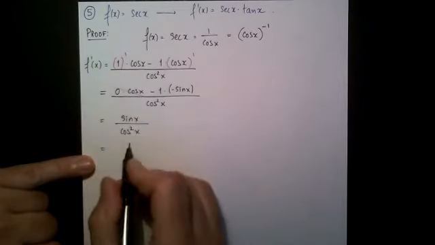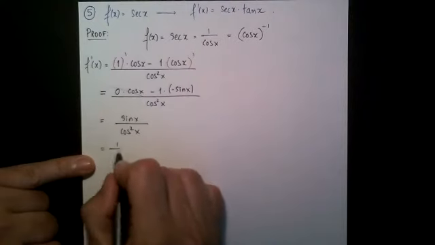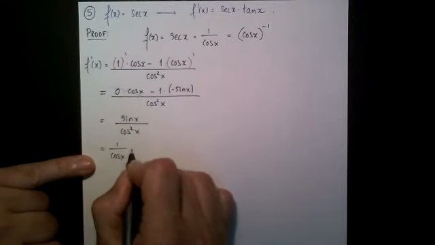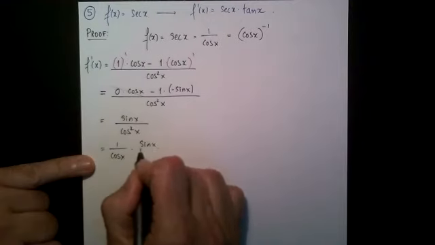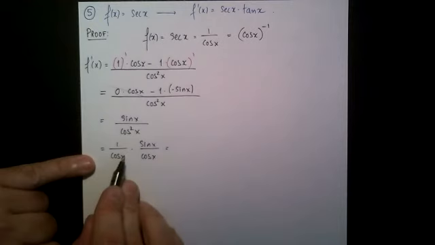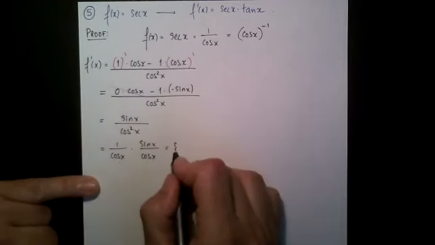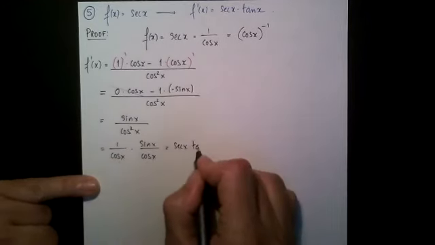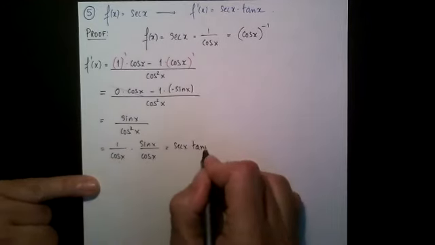Okay, which I could rewrite as 1 over cos times sine over cos, which is secant times tangent. Okay, prove it.